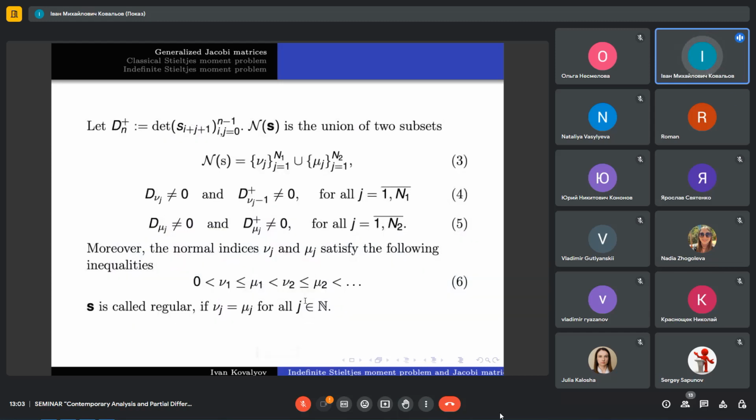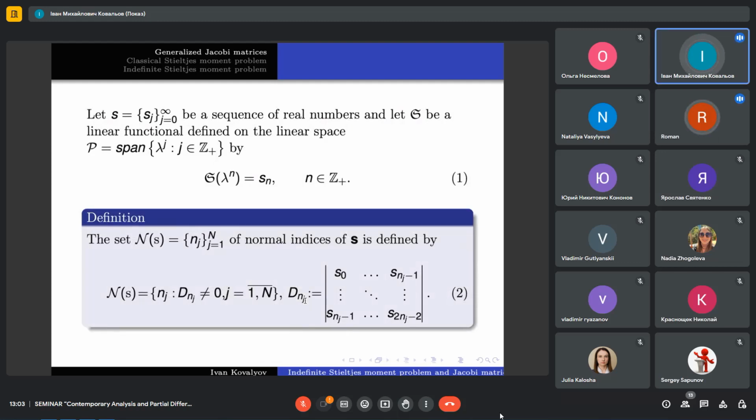Excuse me, Ivan, what does lambda mean in your notation? It's a variable. An arbitrary variable? Yes, it is a complex variable. Because your Gothic S is a linear functional defined on a linear space. It's not arbitrary.